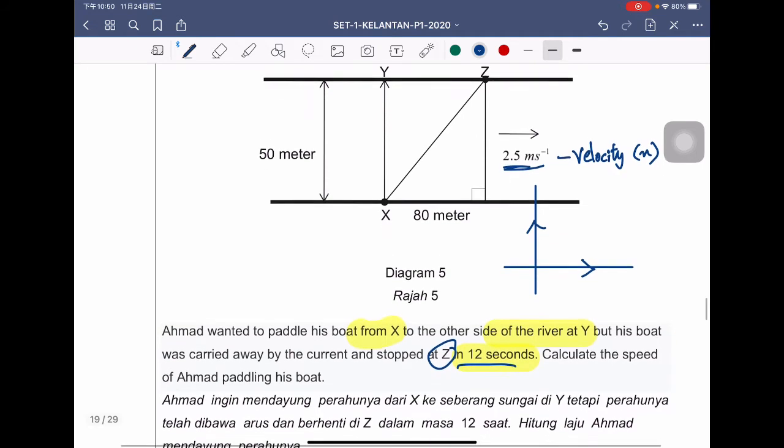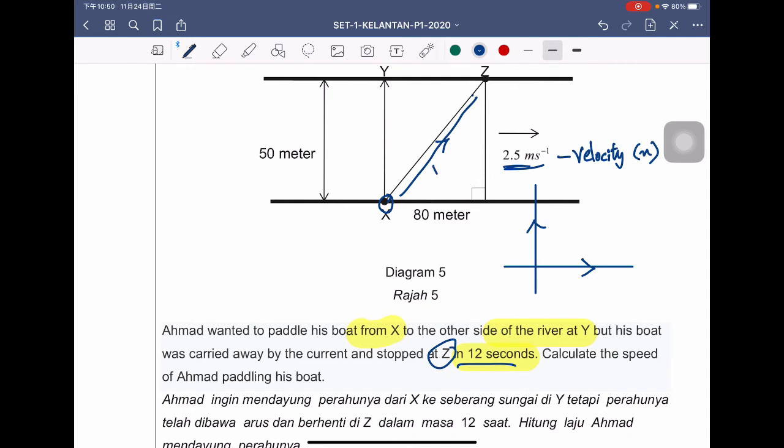So from x to z it takes 12 seconds. So actually we can find one more velocity, which is in the z axis. How can we find the velocity of the z axis?